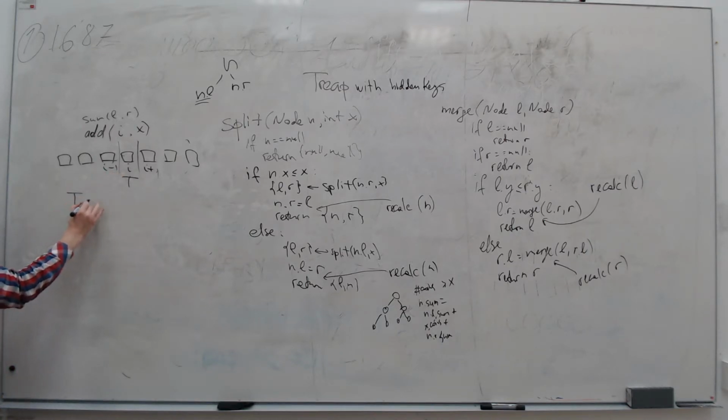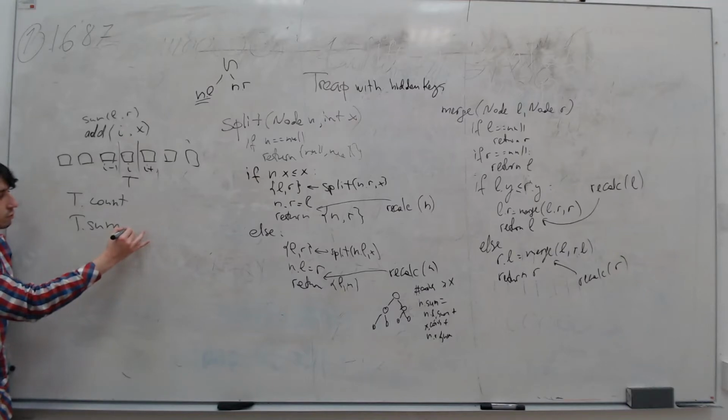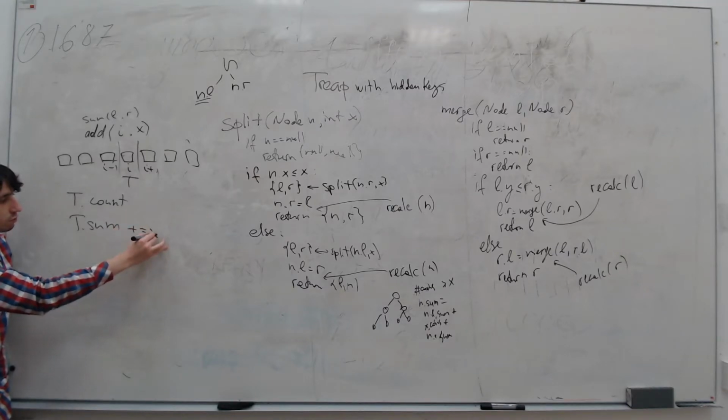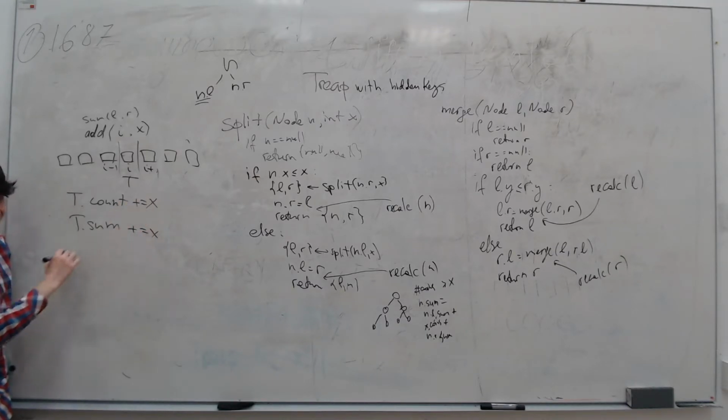So we have to change something. We have count and we have sum. We want to change the sum, and you should change count also. Is it clear why we need this?